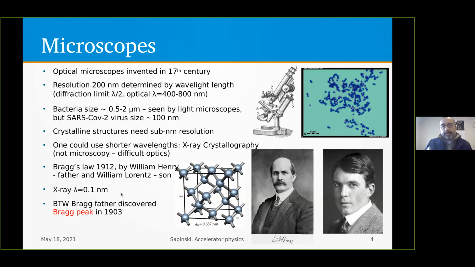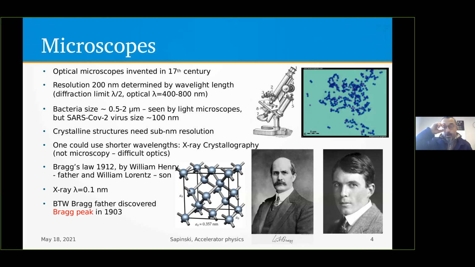So we cannot really reconstruct images. However, by diffraction, we can reconstruct, for instance, the crystallic structure of the crystals. Like on this plot here, you see a crystallic structure of a diamond, and this can be discovered, measured basically by so-called X-ray crystallography.